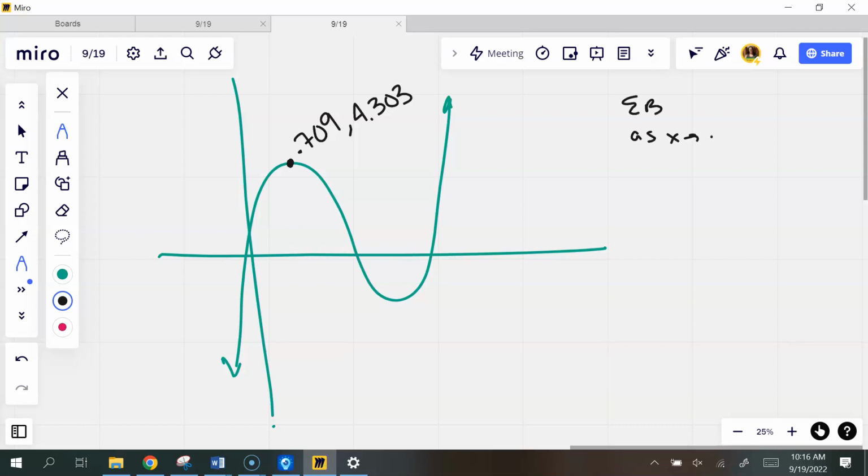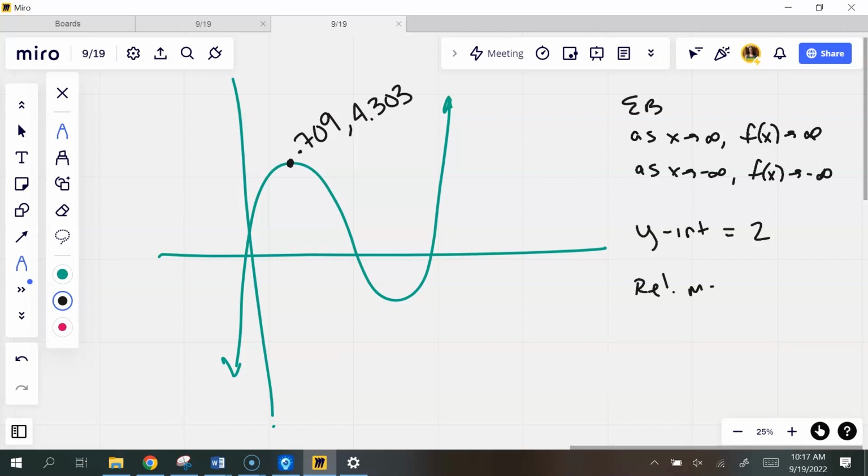As x approaches positive infinity, f of x approaches positive infinity, and as x approaches negative infinity, f of x also approaches negative infinity. I also said that my y-intercept was 2. And now I know that I have a relative maximum at (0.709, 4.303).